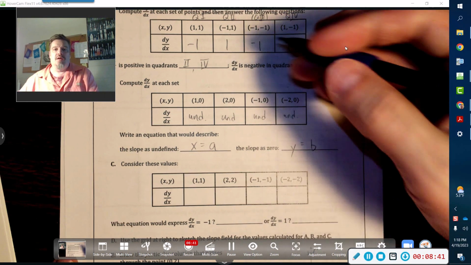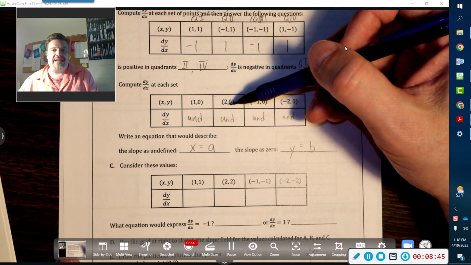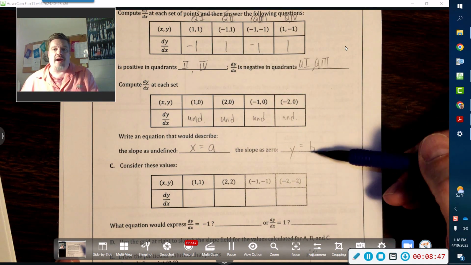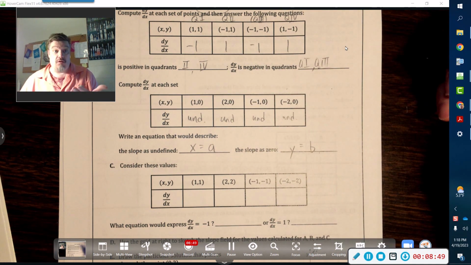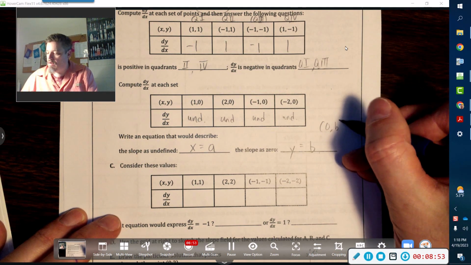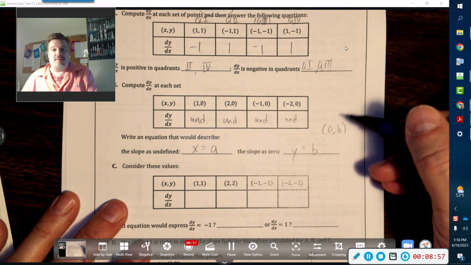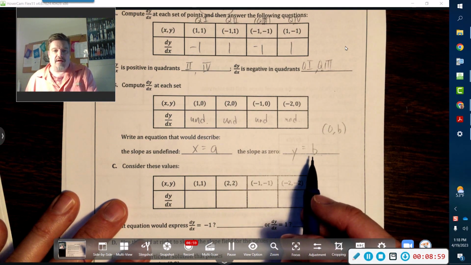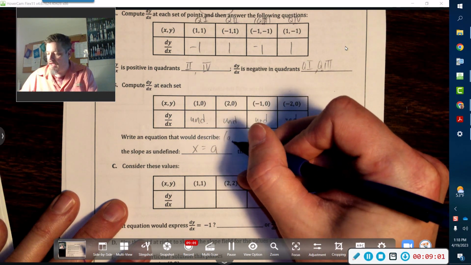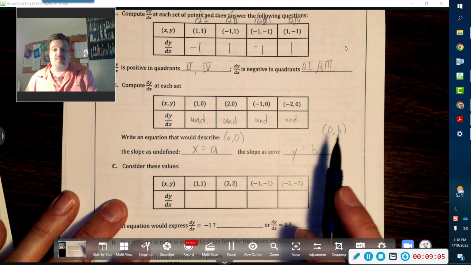So in a way, if x was 0 here and y could be any number, then you would have a y equals b because x was 0. So if x was 0 and b was some number, then you would have a slope of 0 there. And likewise, if a was there, this is what we have in our chart. This would be a different chart.